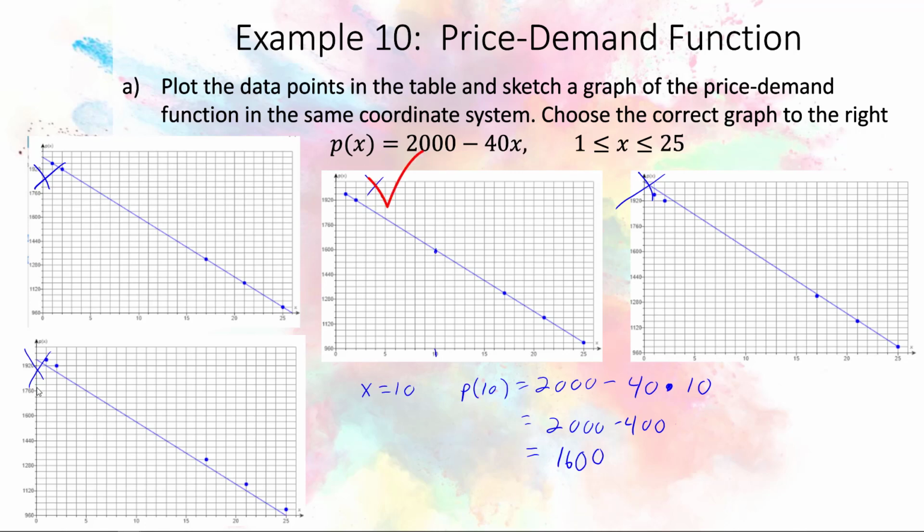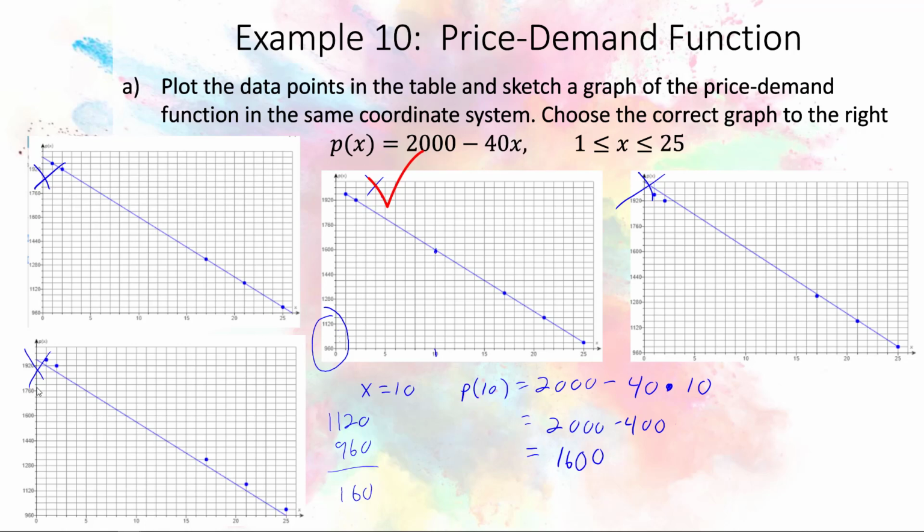I want to talk about one more thing before we move on to another problem, and that is, in a number of cases, you might need to figure out what the range is for these divisions. Now, the way we can do that is, notice here we have from 960 to 1,120, and we have 1, 2, 3, 4 divisions. So what you're going to want to do here to figure out the value between each of these divisions is subtract, and if you did 1,120 minus 960, you will actually get 160.